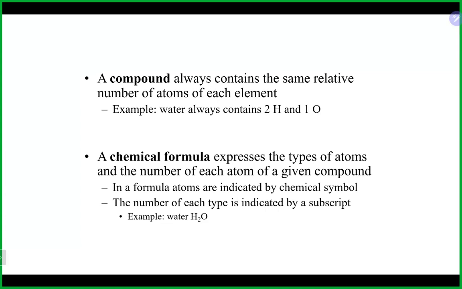A chemical formula expresses what types of atoms are present. When we write our formulas, as we can see there with H2O, we use subscripts to represent how many of those atoms we have. The subscript is always to the right of the element it goes with. So that would mean we have 2 hydrogen atoms present.